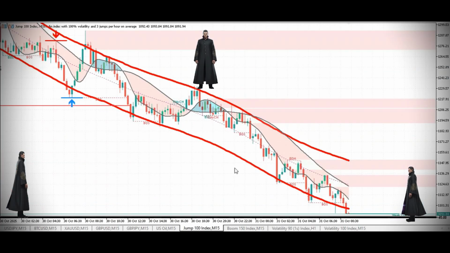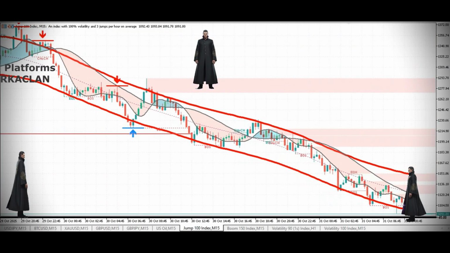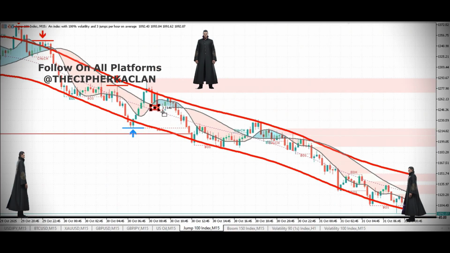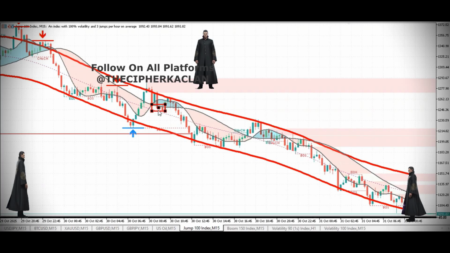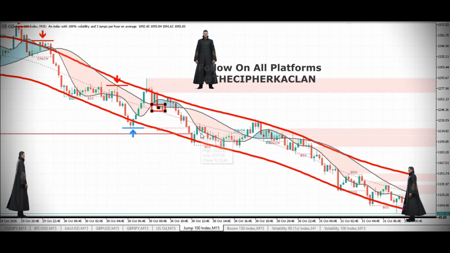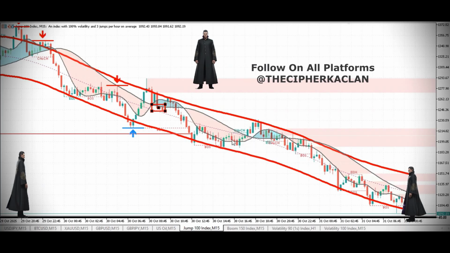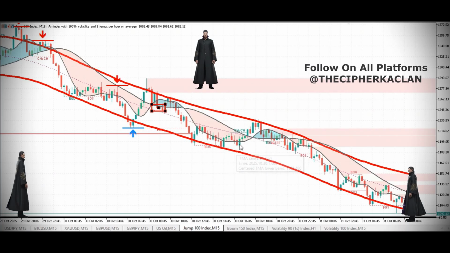This is jump, right? This is jump index. It works beautifully in jump index as well. So it breaks here. Would have taken our sell and ride the trend right here, right? It breaks again here. Would have taken another sell and ride it right here. It breaks again here.